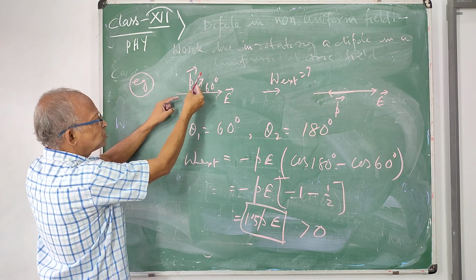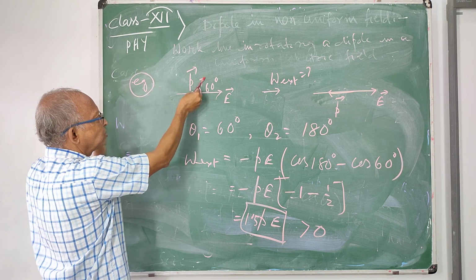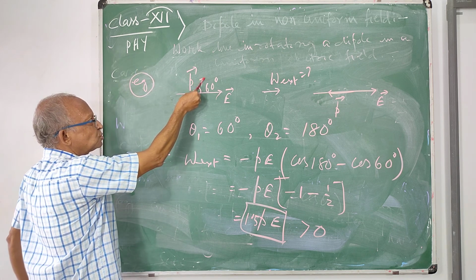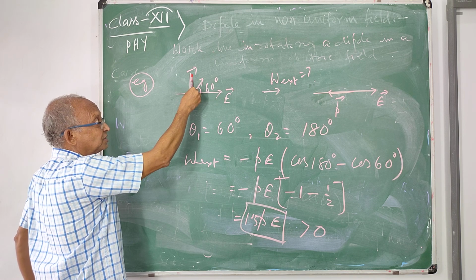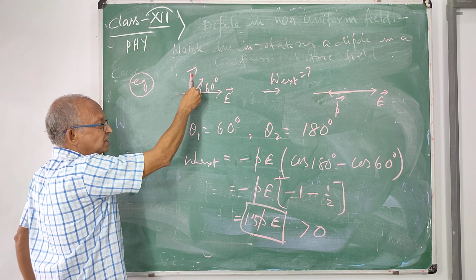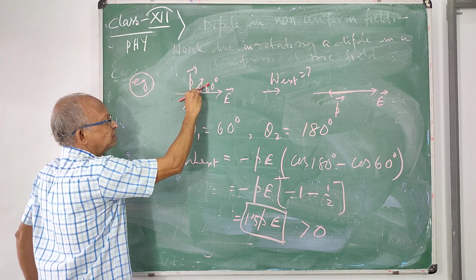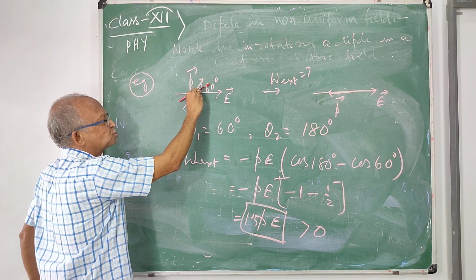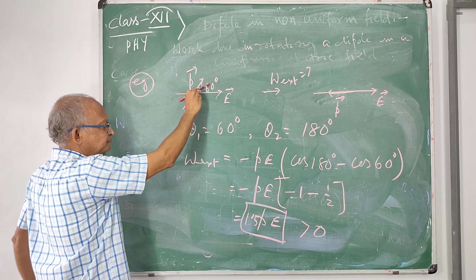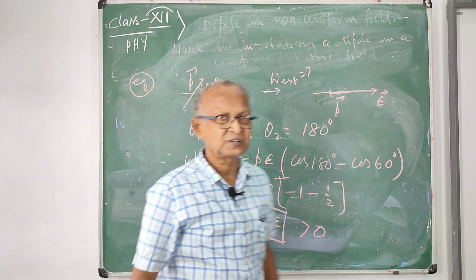If this is the negative charge and this is positive, oriented this way, and I rotate it against the field, I am doing positive work and the electric field is doing negative work. But if I rotate in the other direction, I am doing negative work but the electric field is doing positive work. Okay? So you must try more questions based on this topic, which are given.